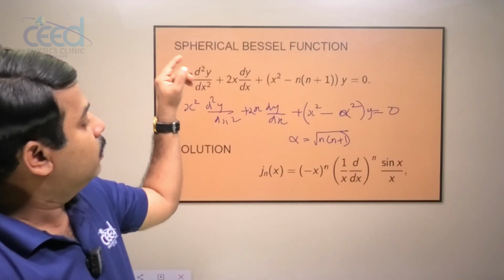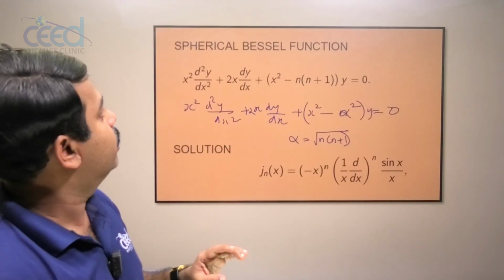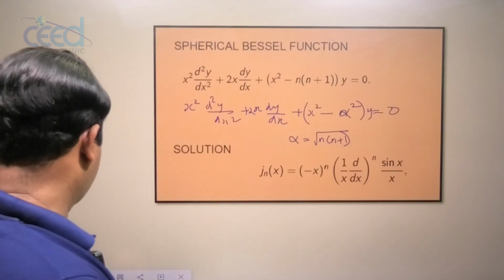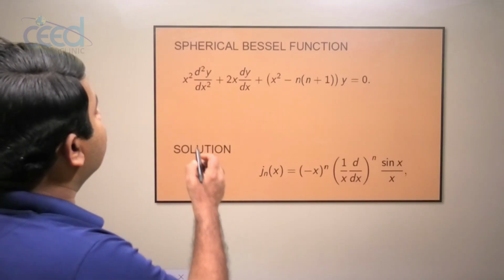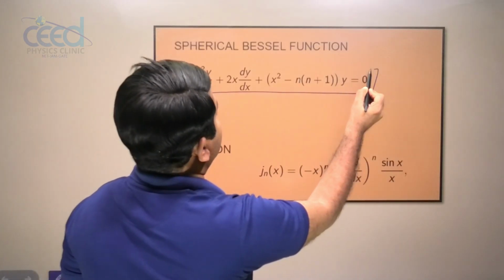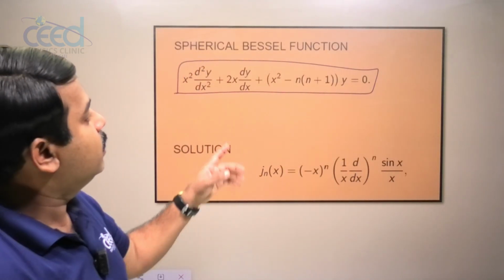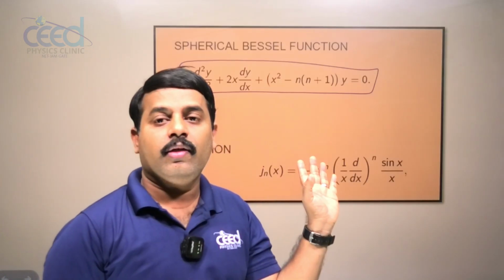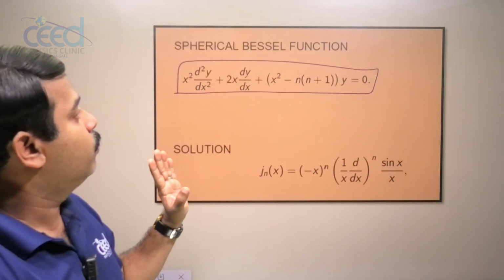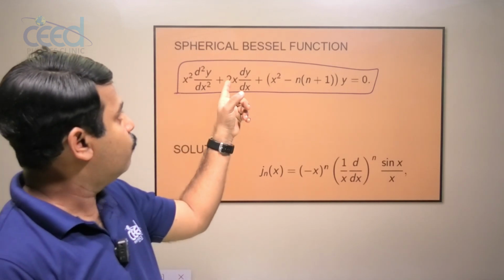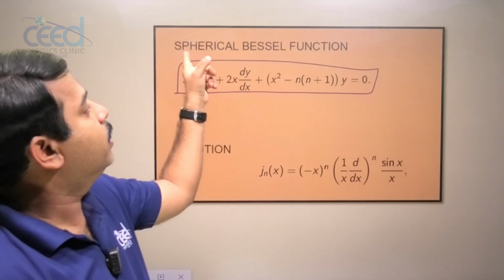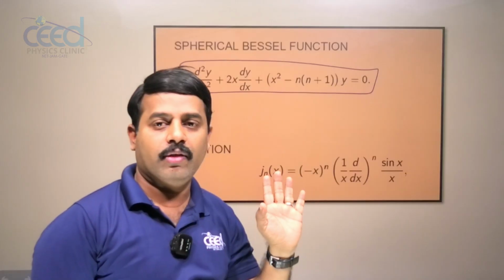So that particular differential equation is known as the spherical Bessel equation, or a differential equation of this format, right, is known as the spherical differential equation, and the solution of this differential equation we call the spherical Bessel function, right.